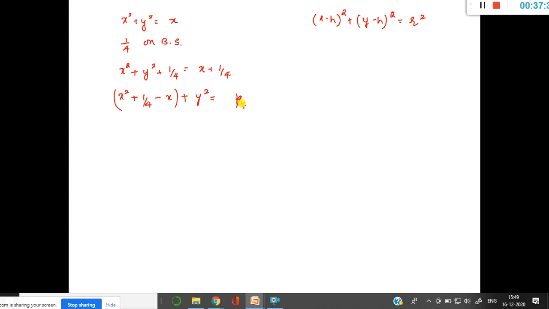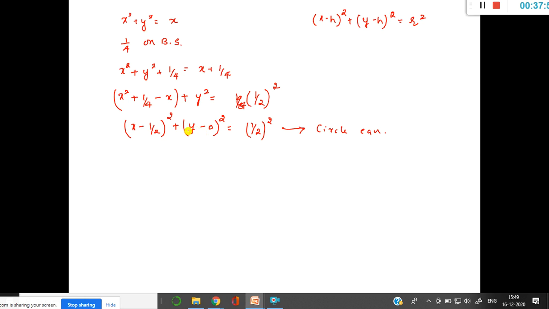Now I can write this as 1 by 2 whole square. If you observe carefully, this is the a minus b whole square formula. So x minus 1 by 2 whole square plus y minus 0 whole square equals 1 by 2 whole square. So this is my circle equation.